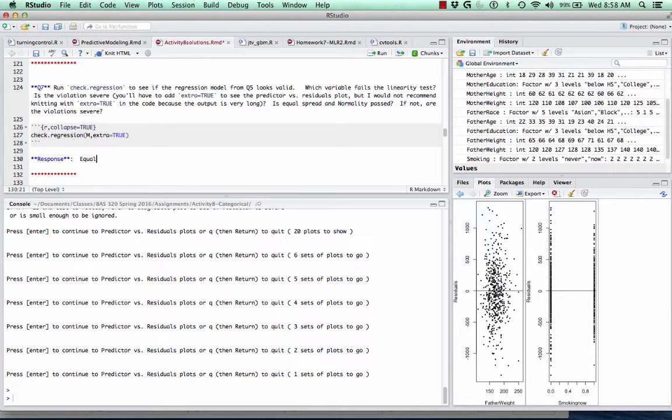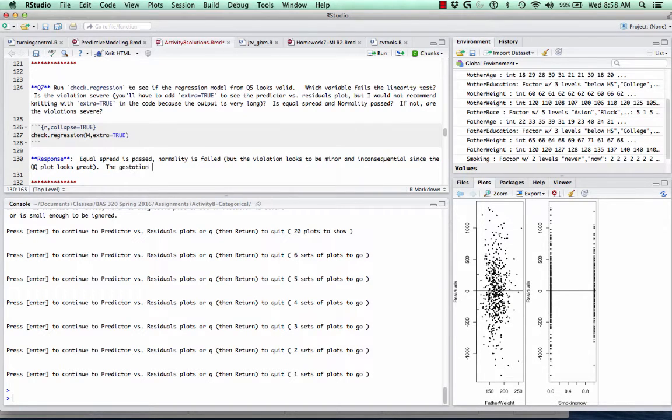So we have equal spread is passed, normality is failed, but the violation looks to be minor and inconsequential since the QQ plot looks great.